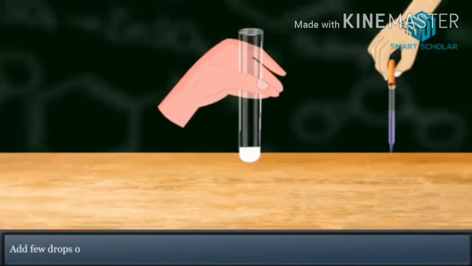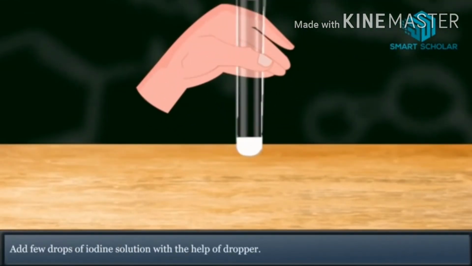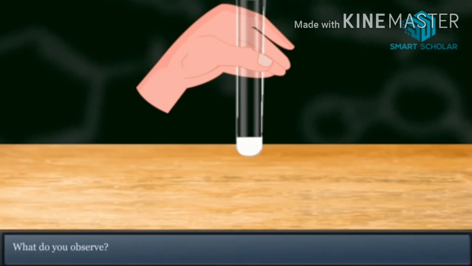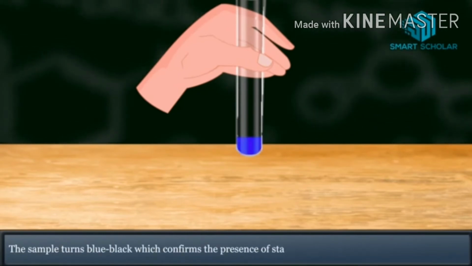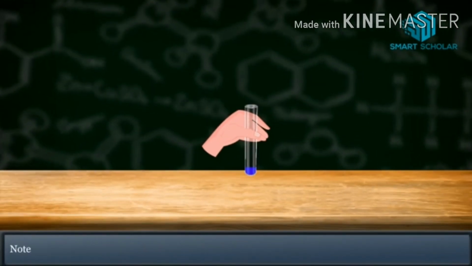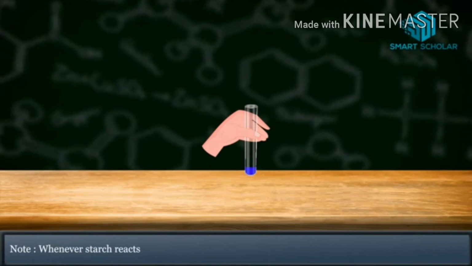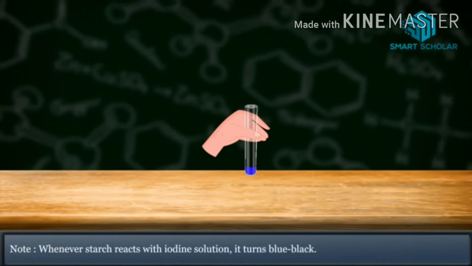Add a few drops of iodine solution with the help of a dropper. What do you observe? The sample turns blue-black, which confirms the presence of starch in rice. Note: whenever starch reacts with iodine solution, it turns blue-black.